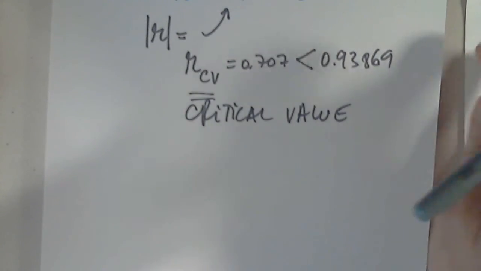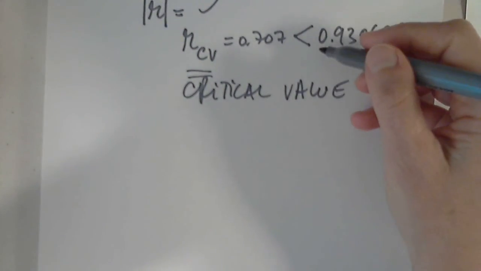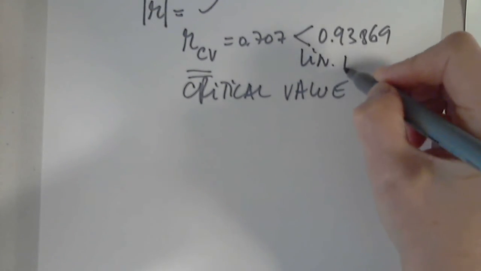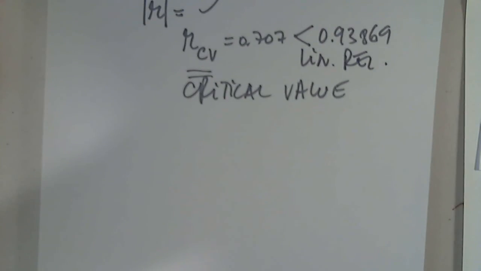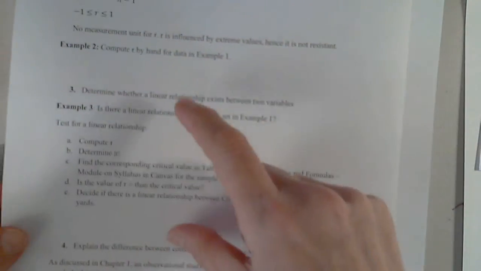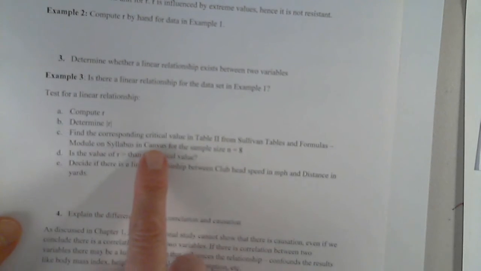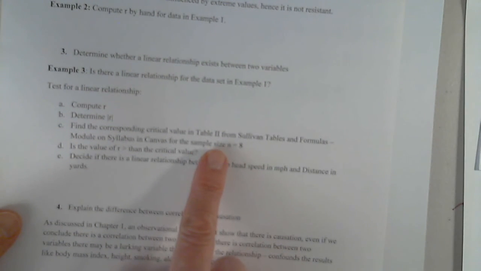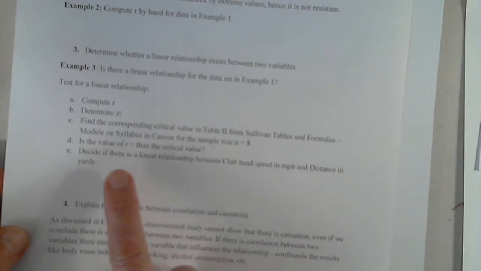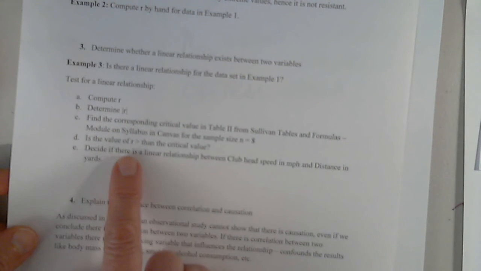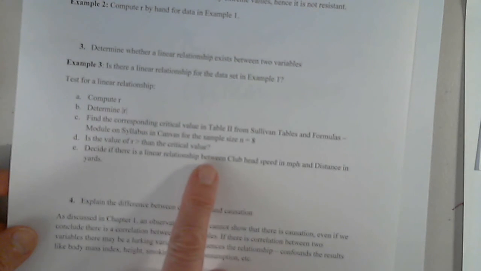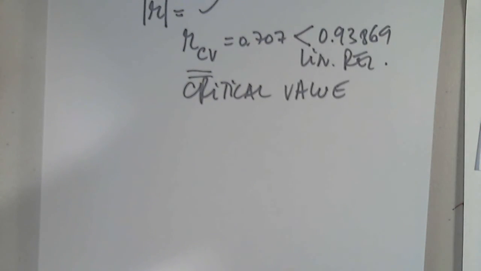We conclude, based on the table, that it's definitely a linear relationship. So that's what I wrote on page 3: compute R, determine the absolute value, find the corresponding critical value in table 2 for n equals 8. Is the value of R greater than the critical value? If it is, then it's a linear relationship, and it is.